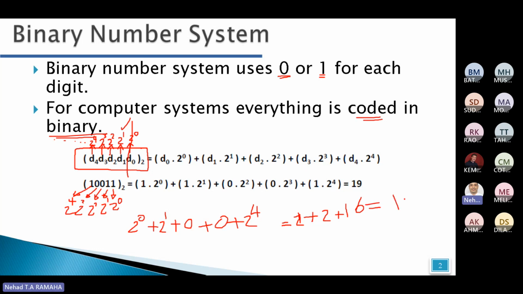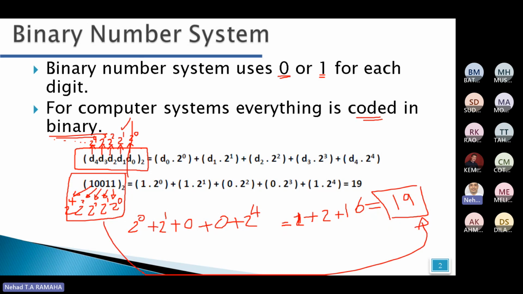The result will be 19. Like this, you can know the value of the binary number as a decimal number, and you can make a program to do this. Okay, we can make it much easier if we do it like this.